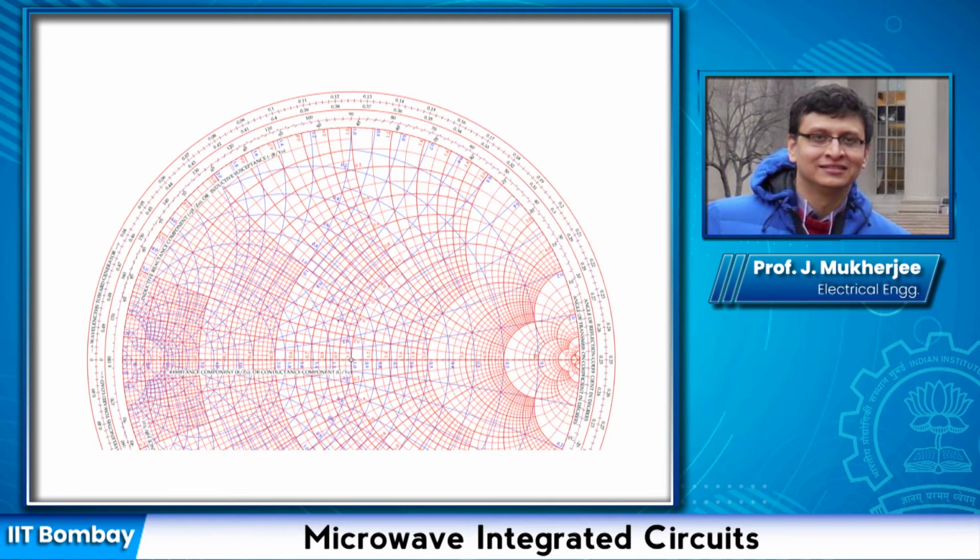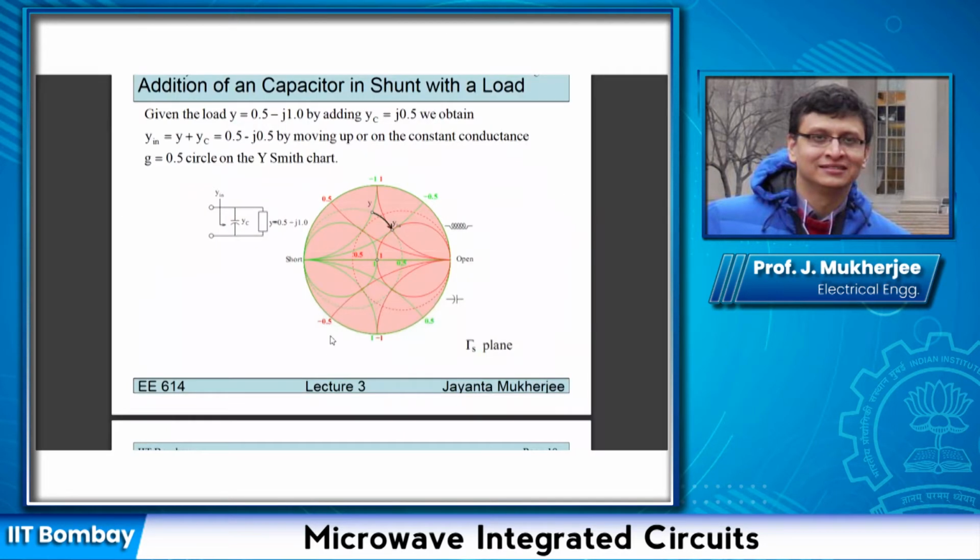We had 0.5 minus j 1.0, and then we moved along this line till we came here. So this is the point. In terms of the actual Smith chart, we start here and move till here. That is how we do this in a Smith chart.